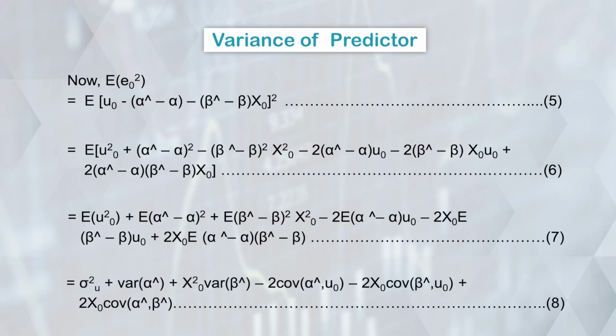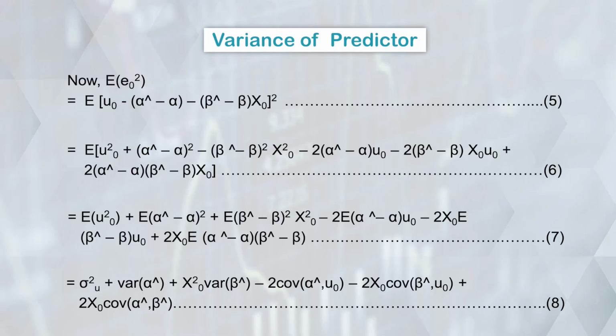So the first one is nothing but sigma square u, which is the variance of the error term. Next we have (alpha hat minus alpha) whole square, which is the variance of the estimated intercept alpha hat. Next we have the variance of beta hat. Then we have two covariance of alpha hat and u0.